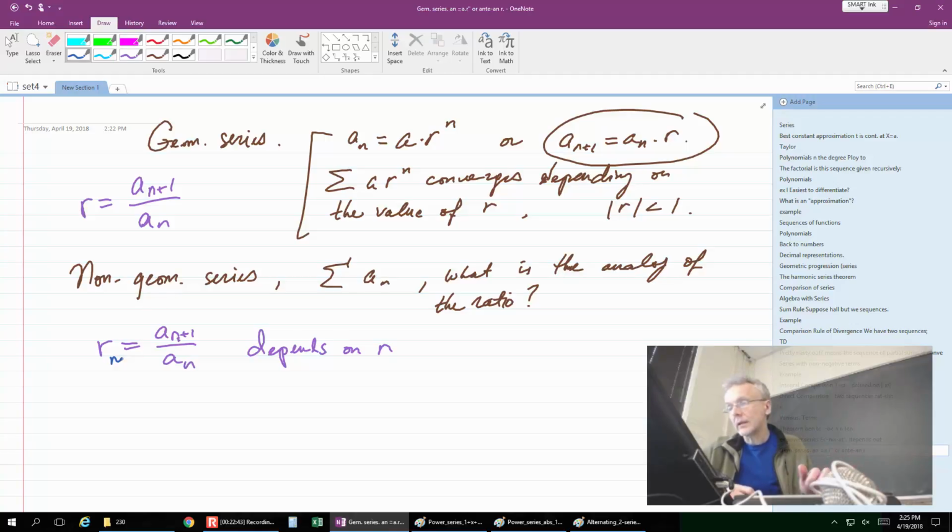Rather than having one number, and that's if we're lucky, it is one number, and we have a geometric series, and then we know everything there is to know about that series. So if we try to utilize that idea of ratio, after all, what is the meaning of it?